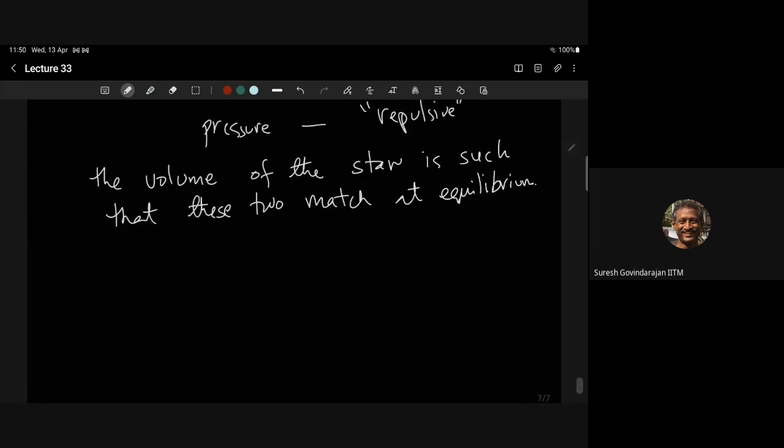Okay, so we need to know what is the gravitational force. We don't know that. There are a few issues in the sense that in the presence of gravity, we do not expect that the star will be homogeneous.